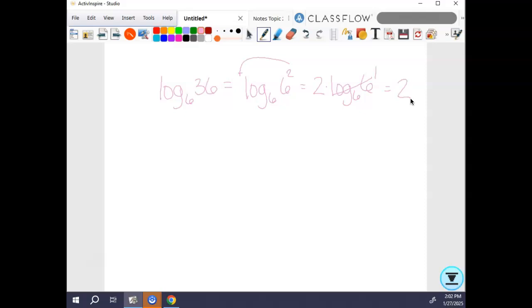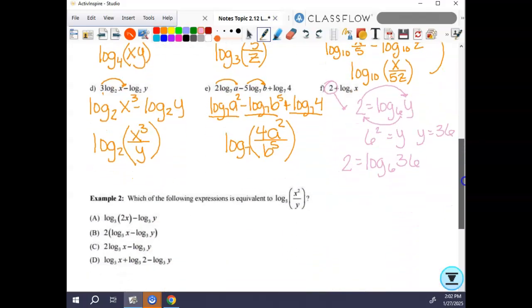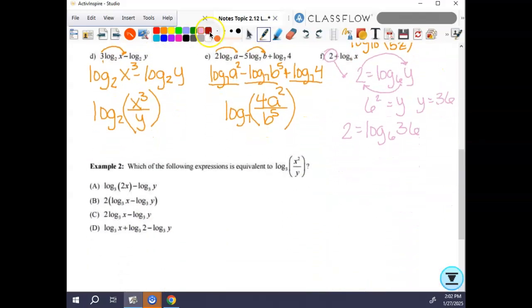But by doing that, I can now condense these. So let me go back down here. Now I'm going to take this and substitute it in where that 2 is, so that I have log base 6 of 36 plus log base 6 of x. Now I have 2 logs with the same base.